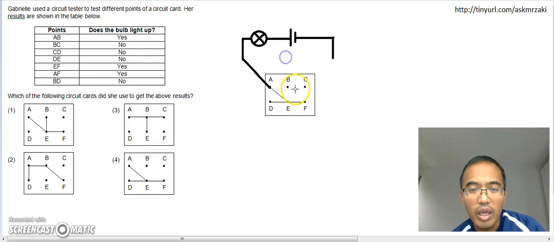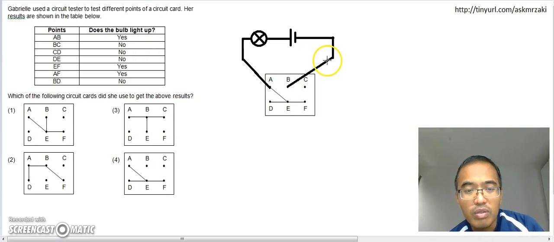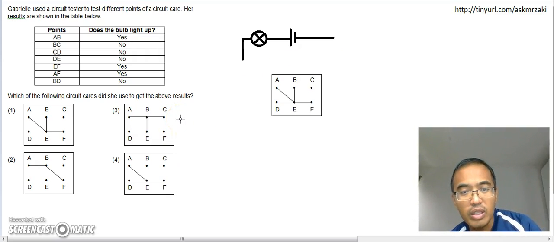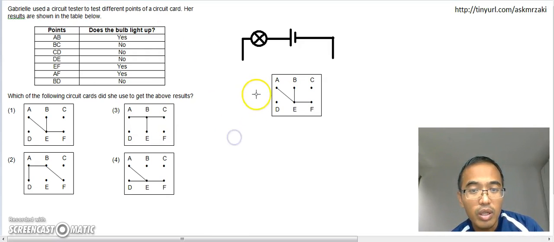If I were to put A and B here like that, it will not light up, because the current will flow from the battery to the light bulb, but it cannot go between this wire here to this point here. So we know that number 4 is not correct.